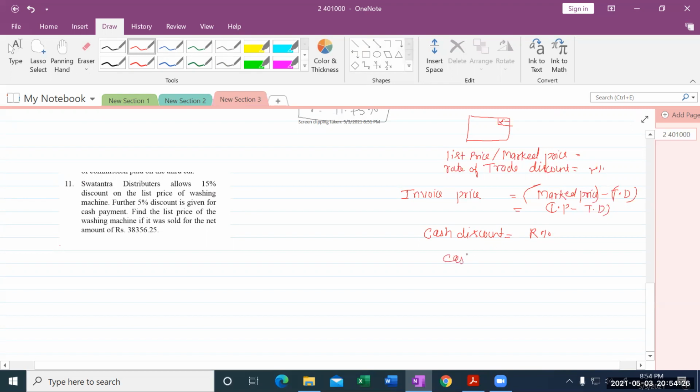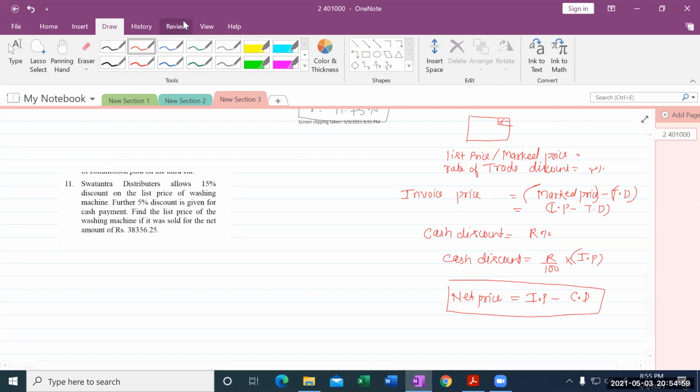Means the cash discount is R% of not the list price but the invoice price. So again from the invoice price you get a discount, that is the cash discount, and the amount that you are getting is called net price. This is my final price that I am going to pay. So net price is nothing but invoice price minus cash discount.